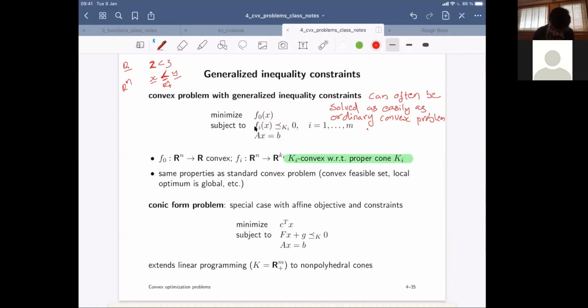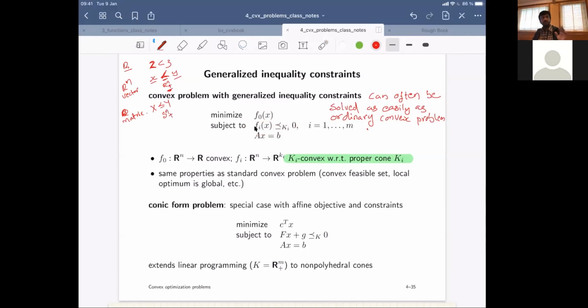Now in matrix space, how do you say it? This is for vectors. For matrices, we say matrix X is less than or equal to matrix Y with respect to a cone. Here the cone was R^n plus. Now for matrices, the cone will be the cone of positive semi-definite matrices, S^n plus.